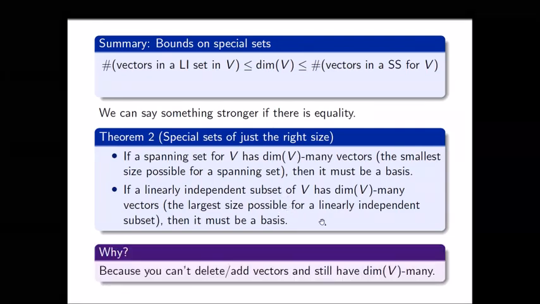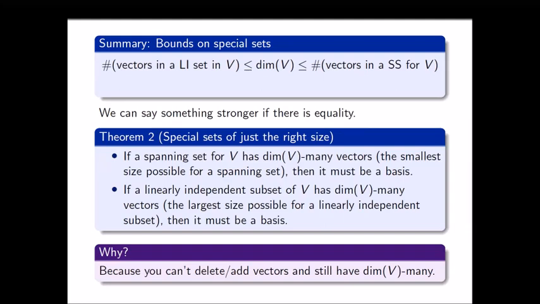So for example, if my subspace V has dimension 3, then any spanning set for V which has 3 vectors in it is also going to be a basis. And similarly, any linearly independent subset of V which has 3 vectors is also going to be a basis.